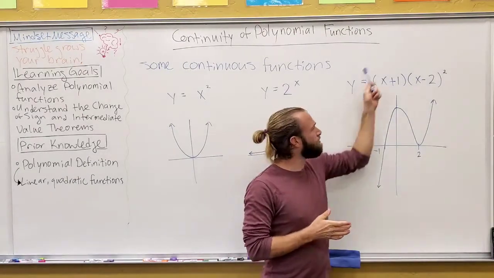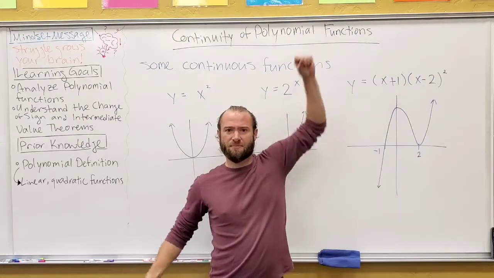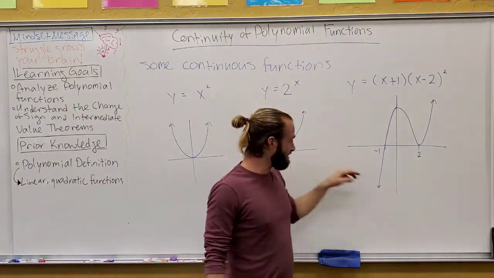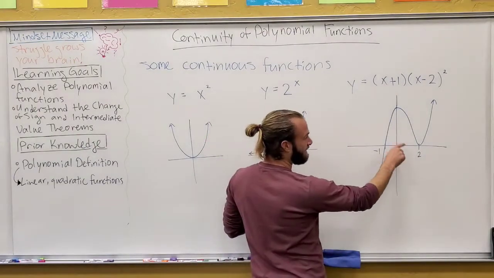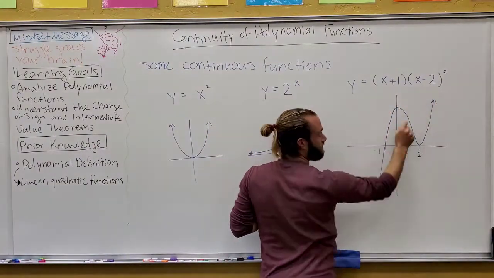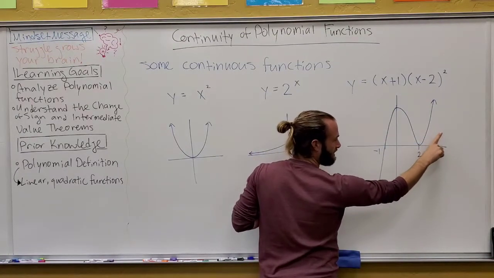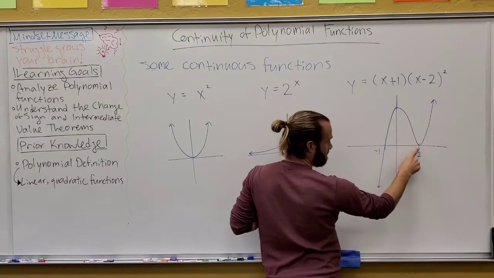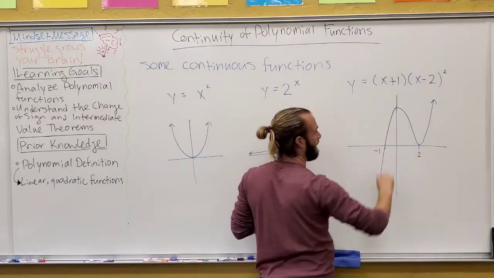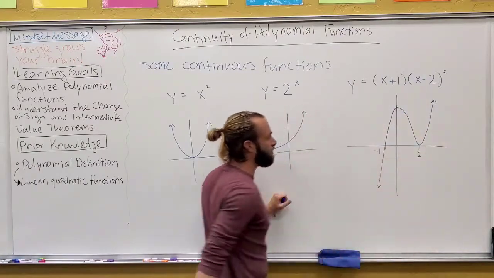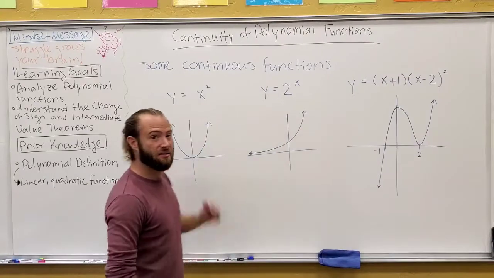And because it's overall cubic, this one has to go opposite directions on either end, right? This kind of up, down, up shape to it. And because we only know it crosses 3 times, it couldn't have crossed here at the 2 and then crossed again. It had to just touch right here at a vertex and then go back up. But either way, here's another example of one that is continuous. The graph just goes on, and it's like that forever.